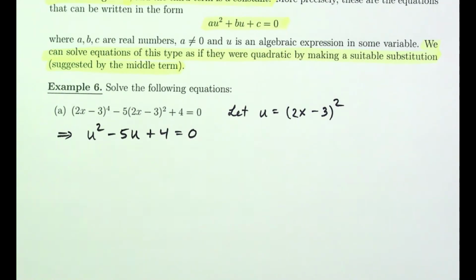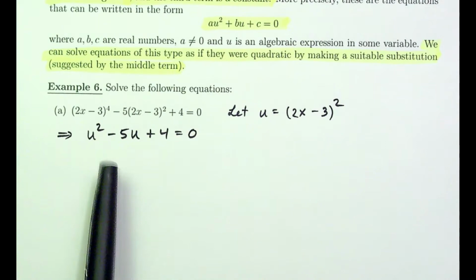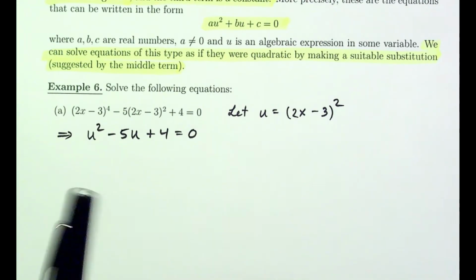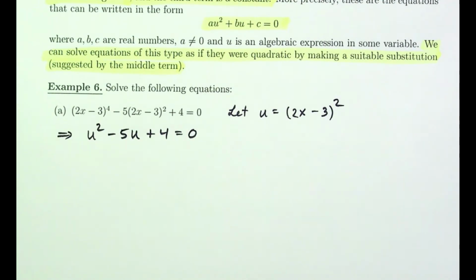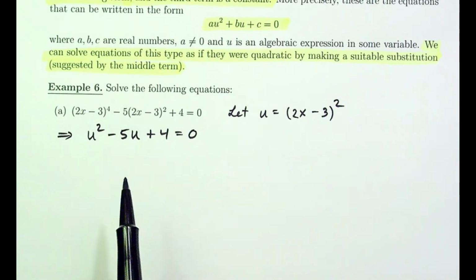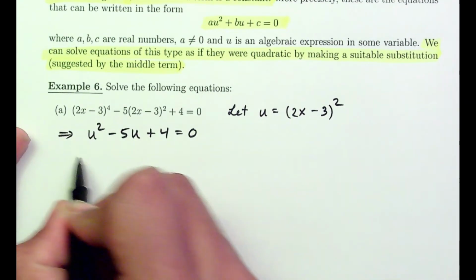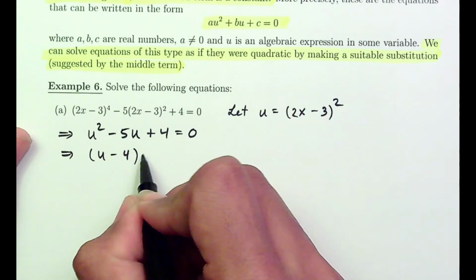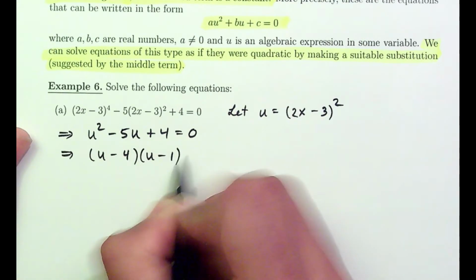Okay, now at this point, you solve this equation any way you want. Now you have like a ton of methods. You solve it any way you want. It doesn't matter how you solve it, just solve it. If it factors, that typically tends to be the easiest, followed by the quadratic formula. This one actually does factor because this would be u minus 4, u minus 1 equals 0.